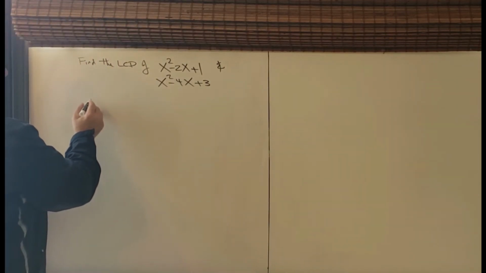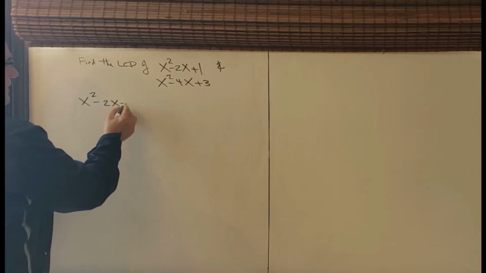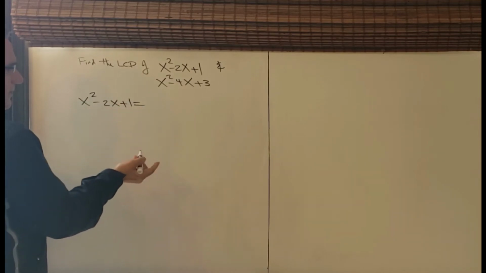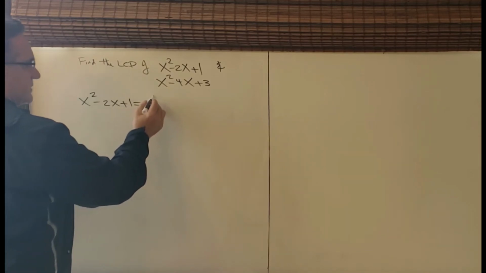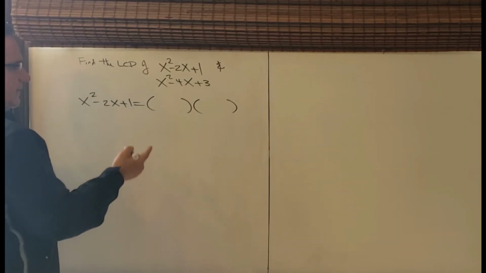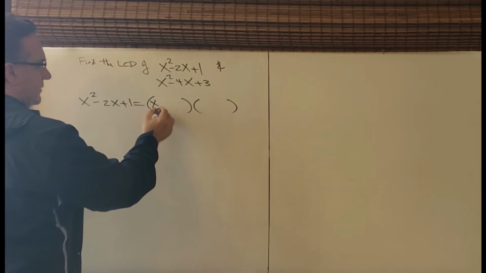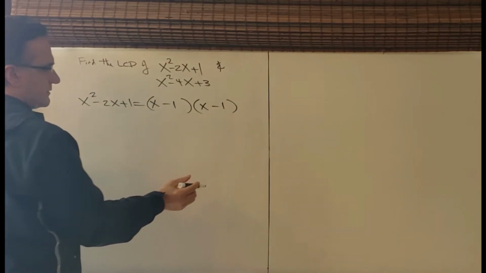So notice that if you factor x squared minus 2x plus 1, depending on the system that you use, you can just use the big X or any method that you like, and you're going to end up with x minus 1 times x minus 1.